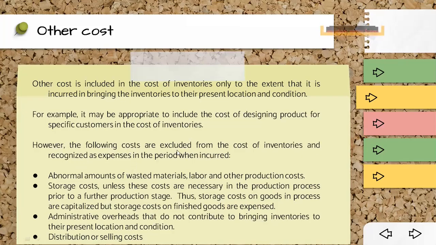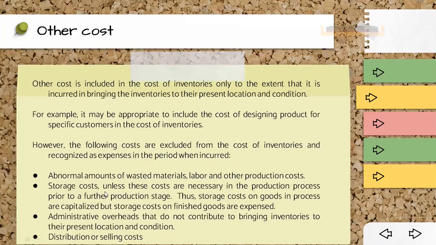However, the following costs are excluded from the cost of inventories and recognized as expenses in the period when incurred. So yan, abnormal amount of wasted materials, labor, and other production cost. So mga results of production inefficiencies, hindi siya dapat ma-include as part of the cost of your inventory.